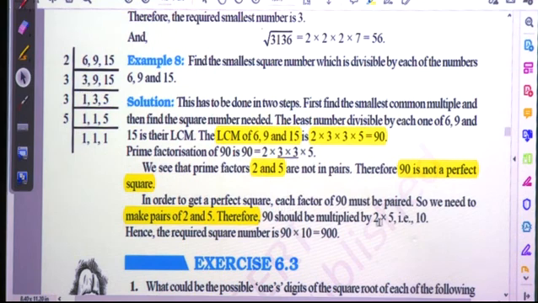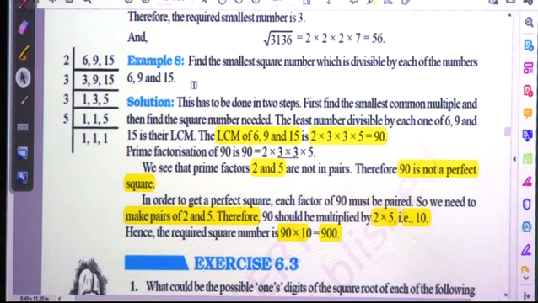Therefore, 90 should be multiplied by 2 into 5, that is 10. Hence, the required square number is 90 into 10, which is 900. So, 900 is the smallest square number which is divisible by each of the numbers 6, 9 and 15.